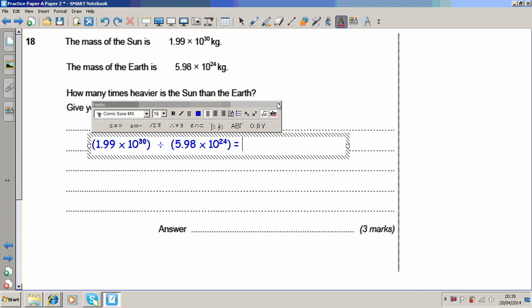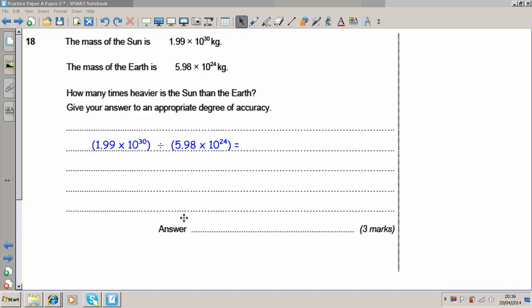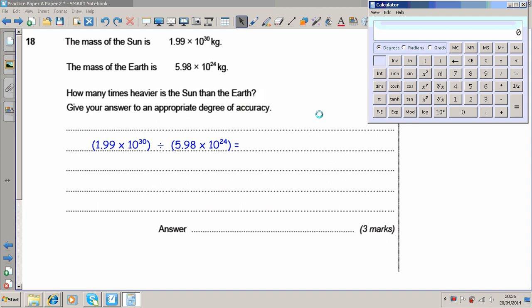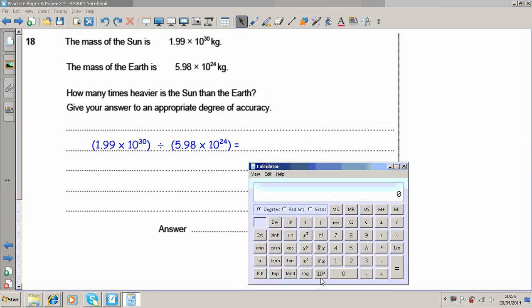So the key to this is knowing where your standard form button is on your calculator. A lot of them have times 10 to the x on them, so I'm going to say EXP to work them out. Trying to find the button on here, so it's the EXP button on here.